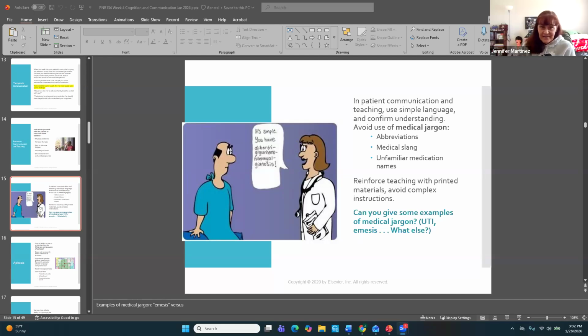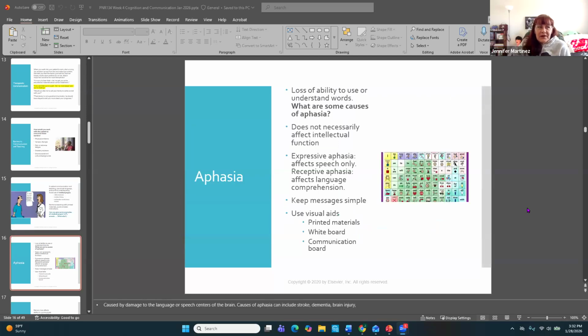A PICC line, right? If you came up to me and said, oh, we're going to just put a PICC line in, well, what is a PICC line? I don't know what a PICC line is, right? Some people might not even know what an IV is. All right. So we have to be really careful with how we choose those words and try to just use more layman's terms when we're communicating.